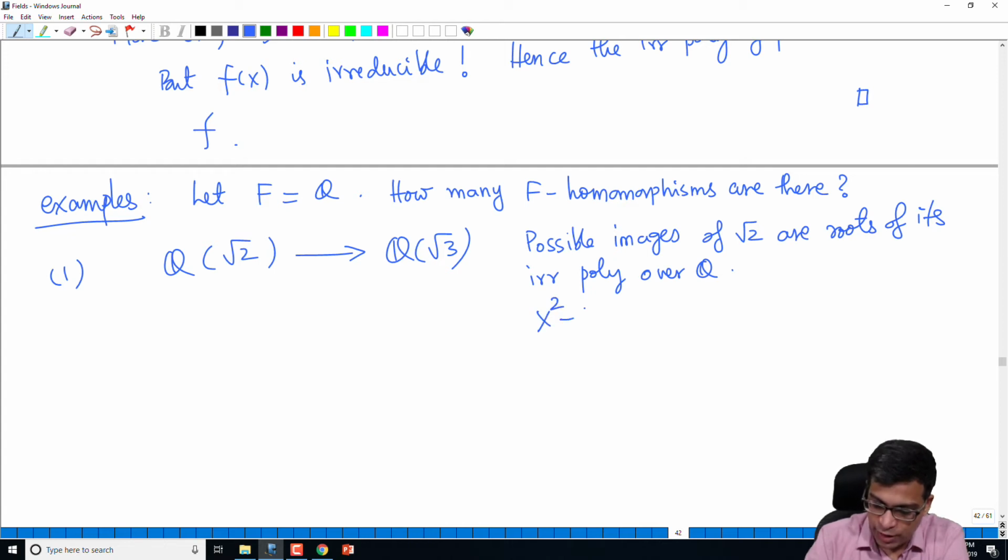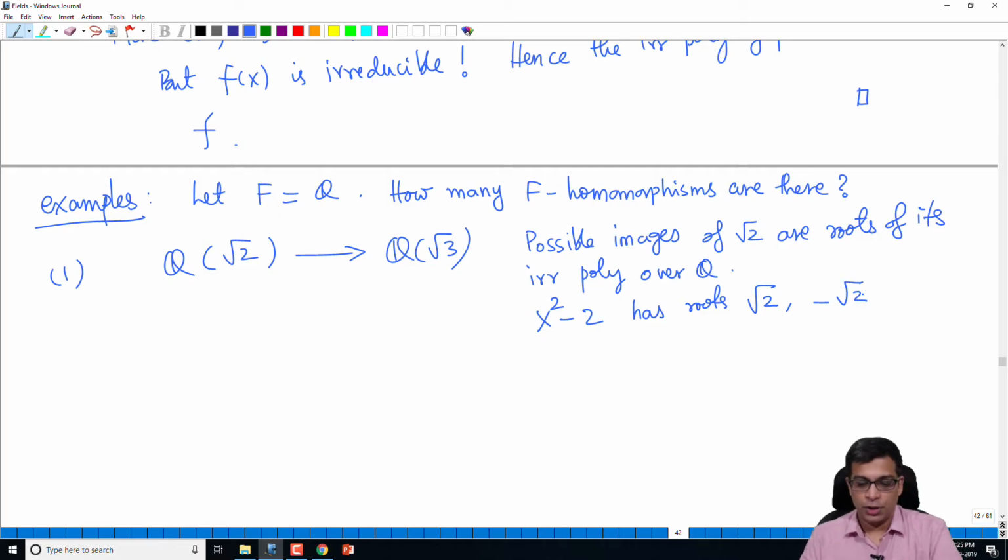It is x squared minus 2. This we know because it is a root of this, and clearly this is irreducible because it has no roots in Q. So what are the roots of this? It has two roots, right? Minus root 2 and root 2. So the only possible images of root 2 are root 2 and minus root 2.